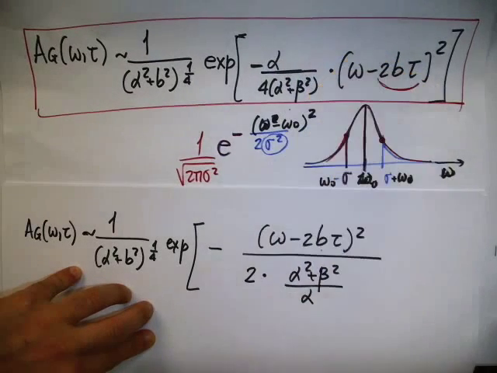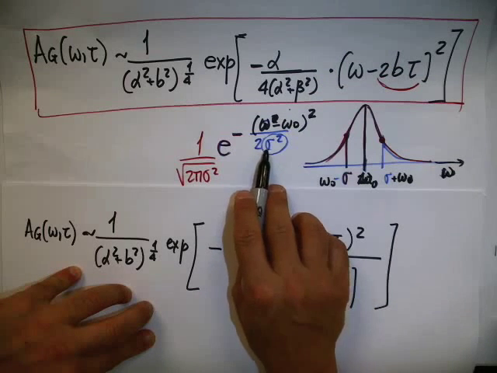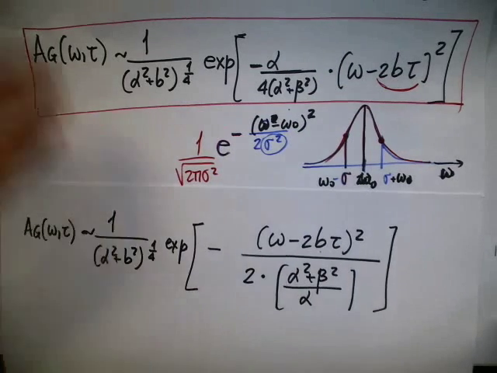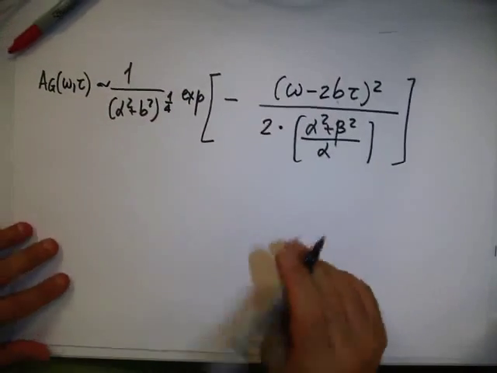I bring this alpha down. So now I identify my variance sigma squared, the spread around the mean.